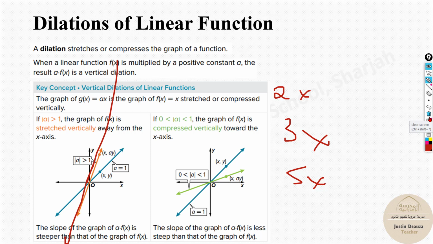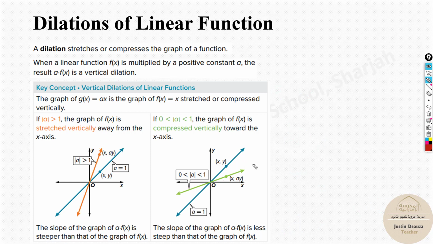When the values are less than that, say for example half x or 0.25x, then it is being compressed. The slope will be less.